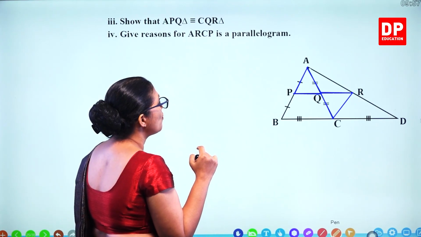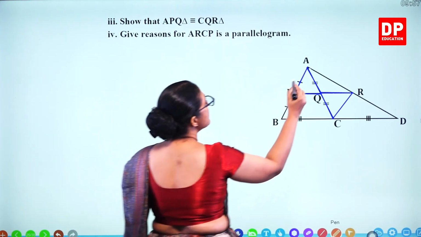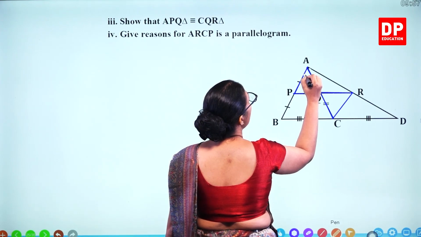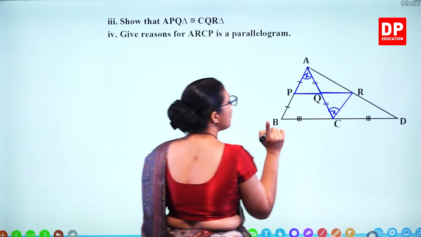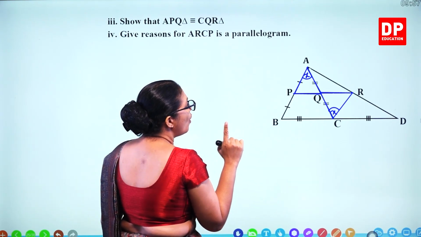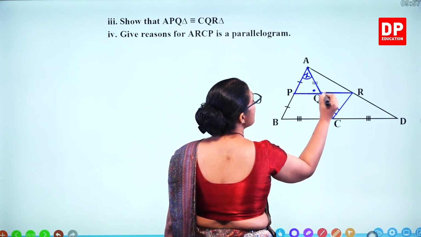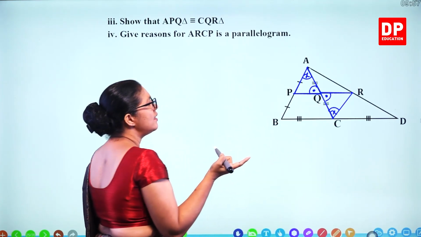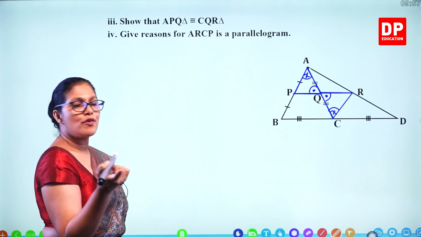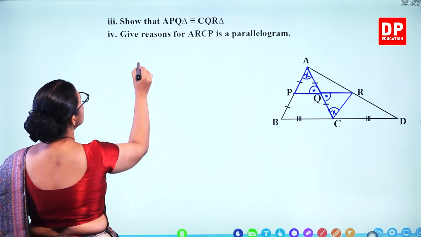What can you say? So we found out this is X and this is also x. We found out before. And here, this angle is equal to this angle. Opposite angles are equal. And you can easily prove that these are congruent.